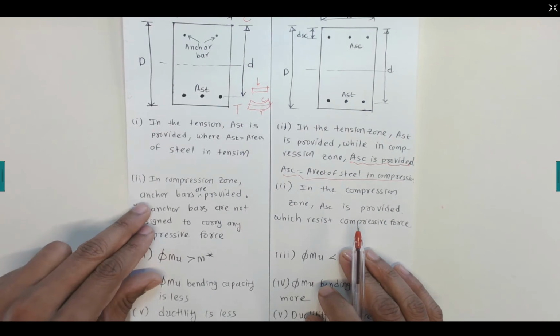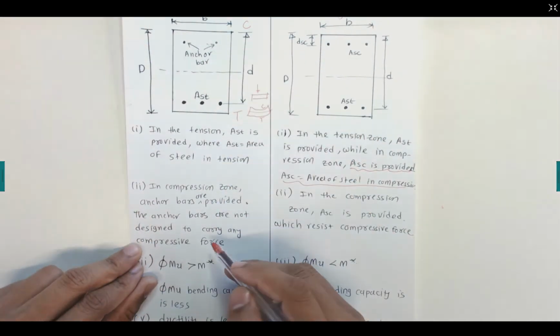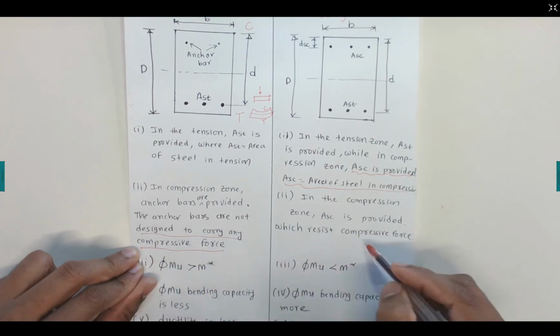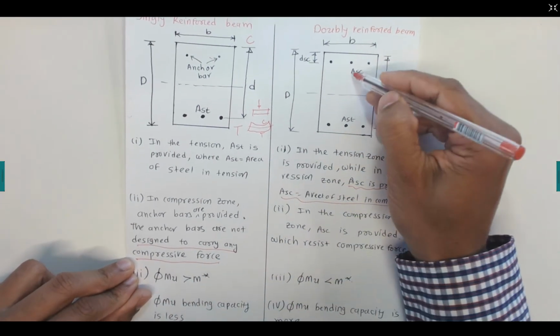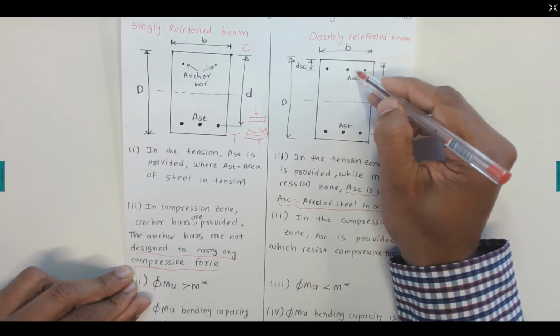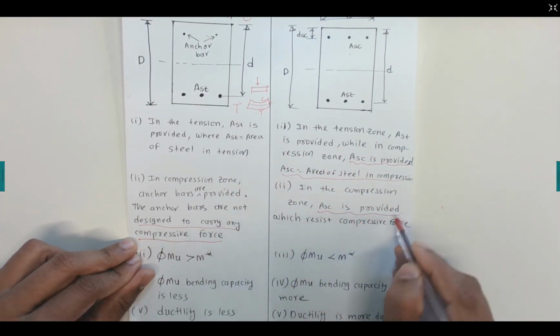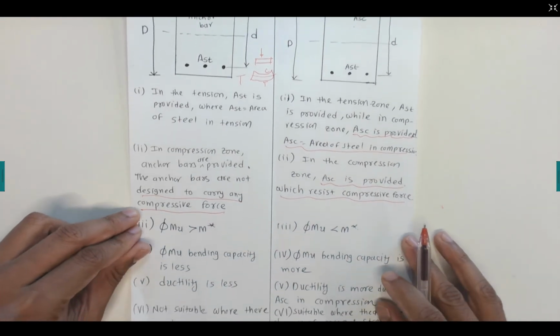In the compression zone we have anchor bars, but they do not carry any compression force, unlike the reinforcement in the doubly reinforced beam, where A_sc resists the compression force.